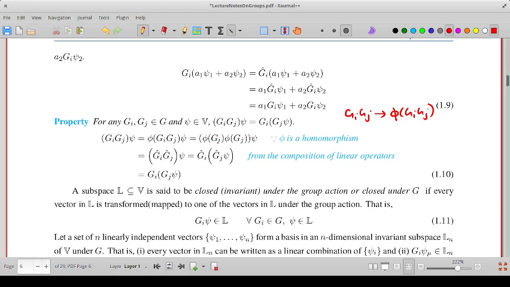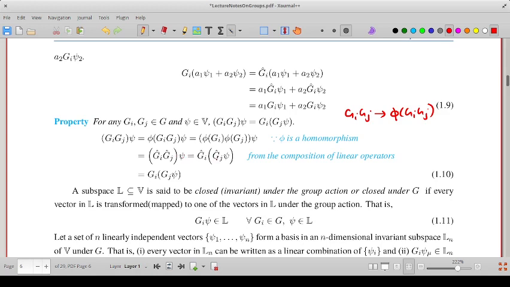But phi gi is equal to gi hat and phi gj is equal to gj hat. So this is equal to gi hat times gj hat acting on psi.